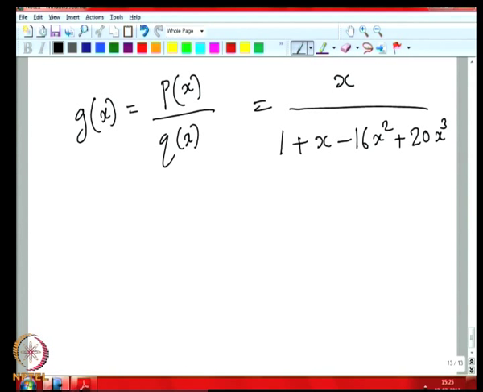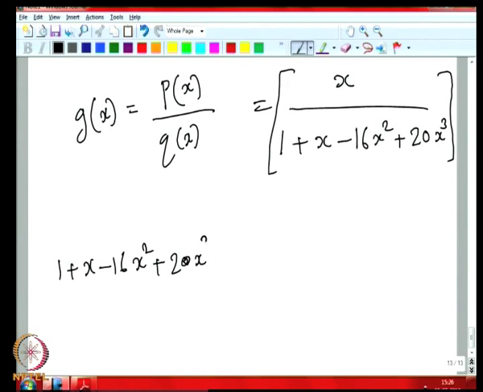We can again use the method of partial fractions. First we should know how 1 plus x minus 16 x square plus 20 x cube factorizes. With some effort you can show that this is (1 minus 2x) whole square into (1 plus 5x).